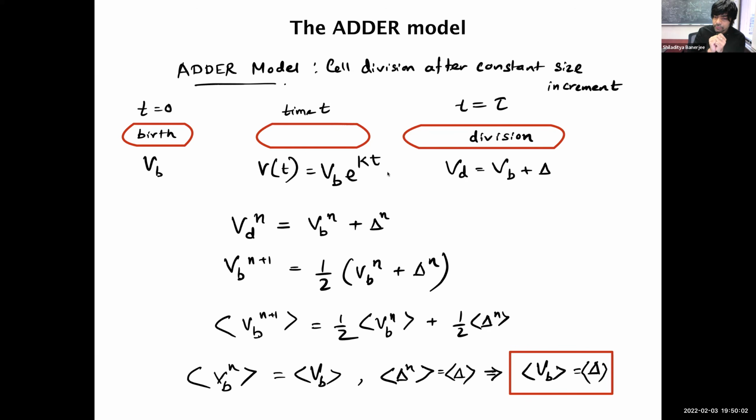I haven't shown what the variance is like, but I'm going to show that in a moment. What this really means is that the mean is given by the added size. So if your size is larger or smaller than the mean, sometimes errors could happen, so there could be dispersion in sizes.